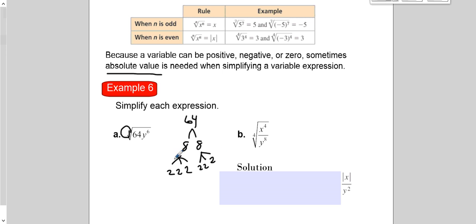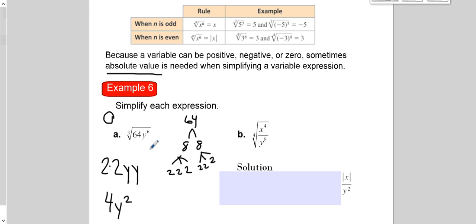We have 2 sets of 3, so we pop out a 2, we pop out another 2. 64 is gone. And then y to the 6th. We have 6 y's. That's one set of 3 and another set of 3. So we get 2 times 2 is 4. Y times y is y squared.